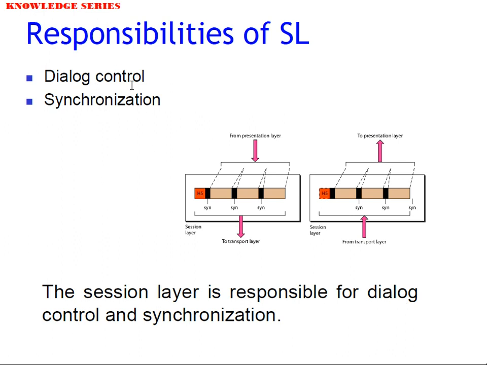In dialog control, the session layer gives a facility for the two systems to maintain a dialog for communications. That means they will work in either half duplex mode or full duplex mode for two-way communications. So actually the systems will decide how to communicate, whether one at a time or in full duplex mode.